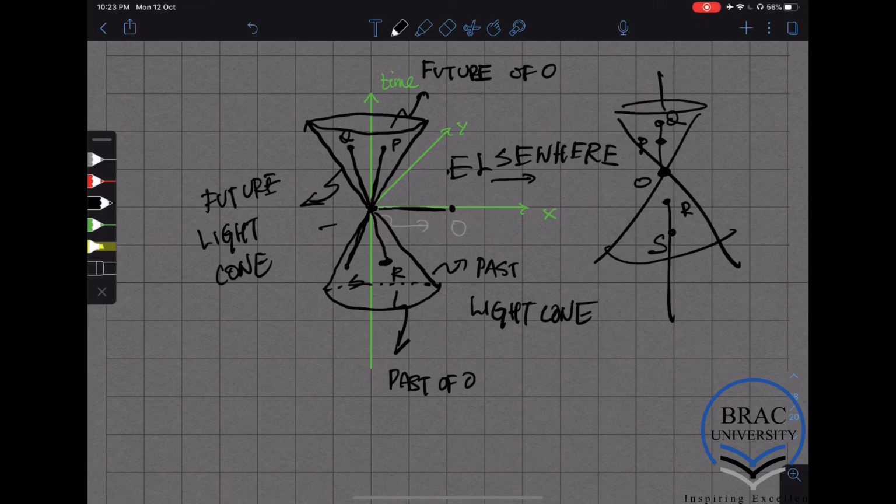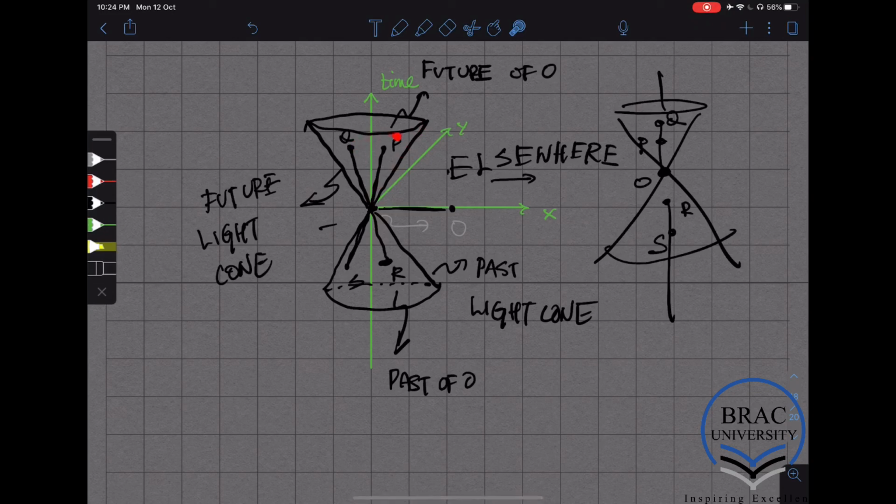Now, what's happening is that if a pulse of light emanates from, say, this point O, then it'll propagate forward in time. And as it propagates forward in time, it's going to sweep out this cone.